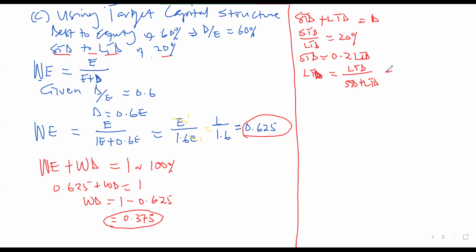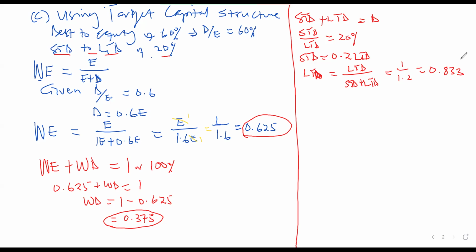And if we do that, that should give us 1 over 1.2. And what will that give us? 0.833.